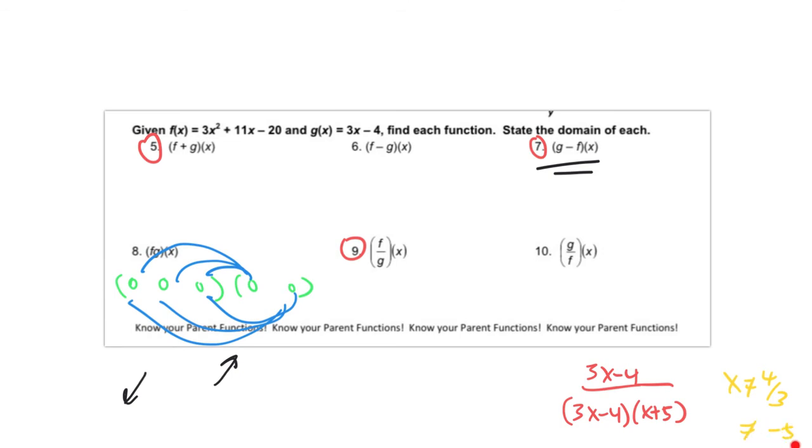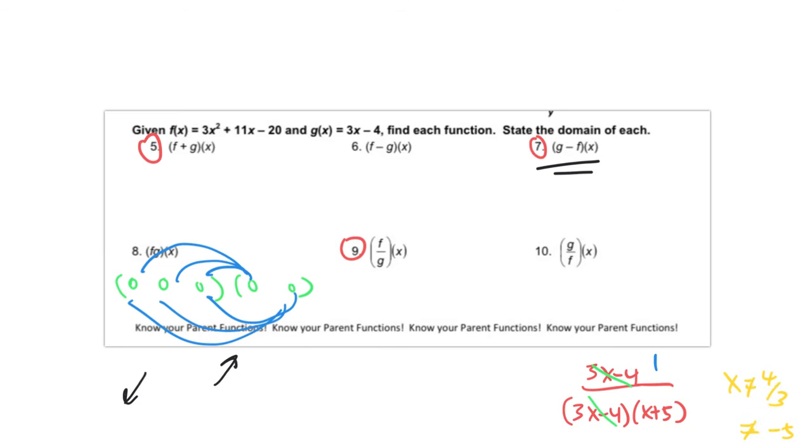So that's two restrictions on the domain. That means x could be anything except those two numbers. Even after we cancel these, leaving us with just a 1 on the top, it would still be the case that x is not allowed to be these two numbers.